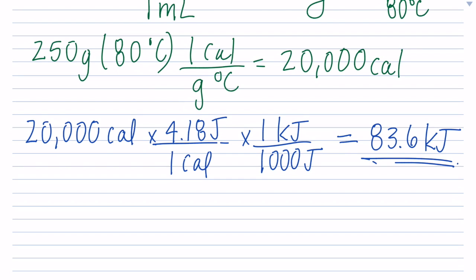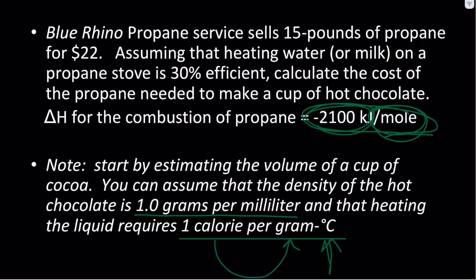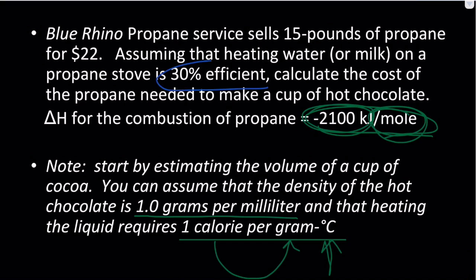It's my 250 milliliters of hot chocolate. Now the next caveat of the problem is that this is only 30% efficient. That means that from our 2100 kilojoules per mole, only 1/3 of this will actually go towards heating my cup.